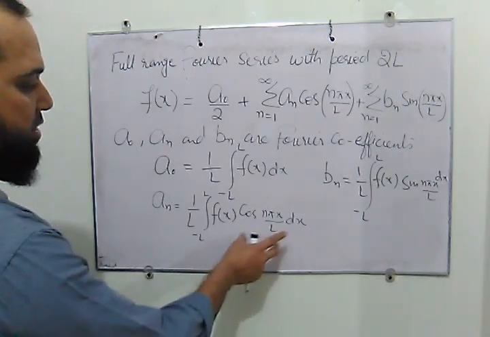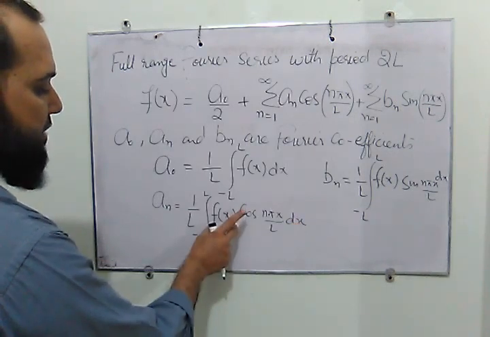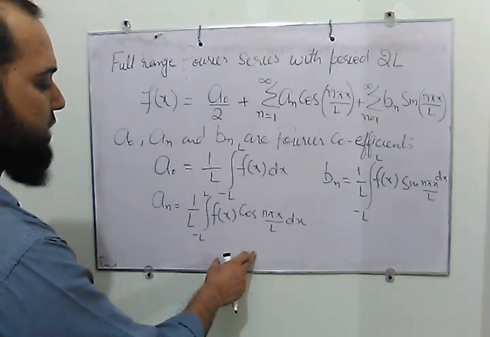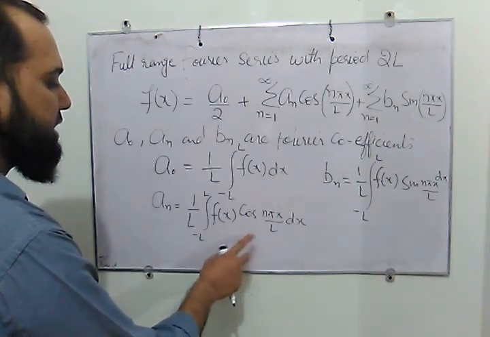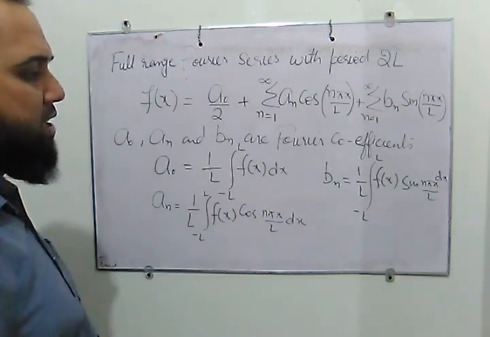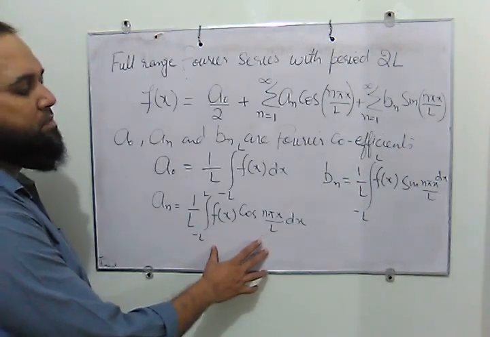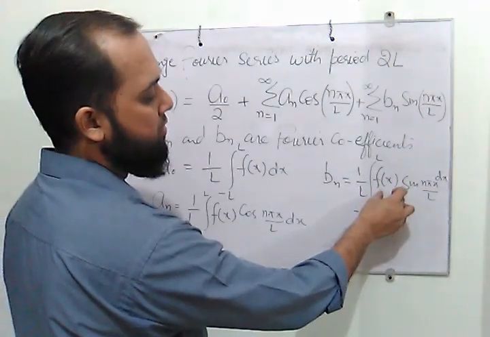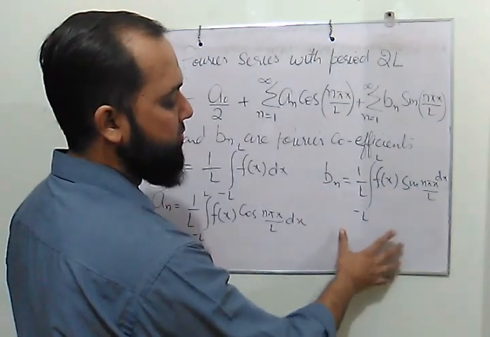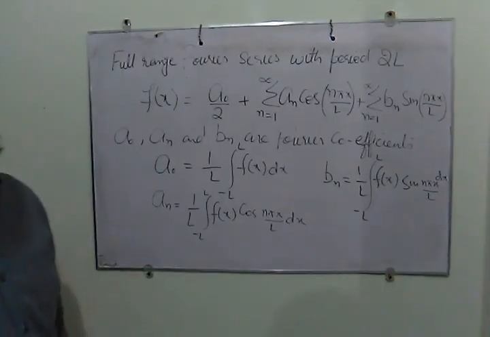For example, cos is an even function and if we have an even function here, then the product of two even functions will be an even function, and we simply write twice the integral from 0 to L. We do not have to solve it from minus L to plus L. If we have an odd function here and an even function there, then the product of both is odd and the integral is 0, so we do not have to solve for bn. We say that bn is 0.